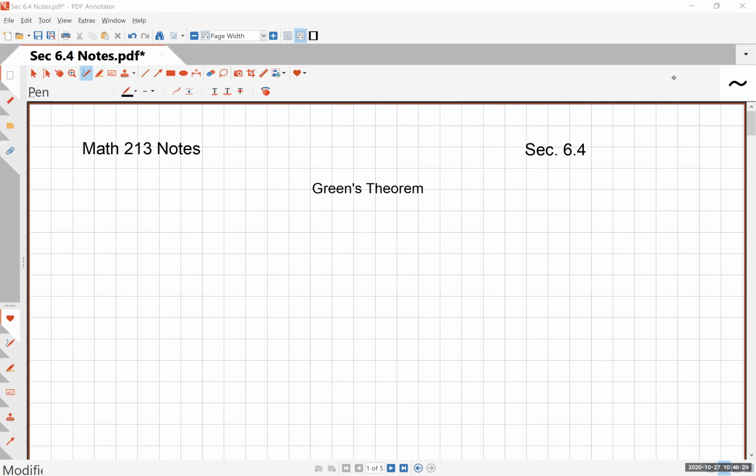These are some of the main results of calculus 3 vector analysis, and remember that these are pretty important results in calculus, especially in vector calculus.